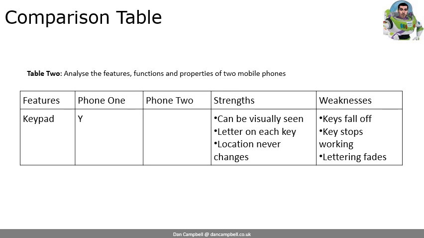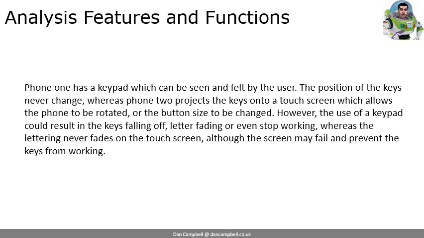So what would this look like? What would the feature, the strengths and weaknesses look like as an analysis, because that's where we are now. We're talking about analysis. For example, phone 1 has a keypad which can be seen and felt by the user.